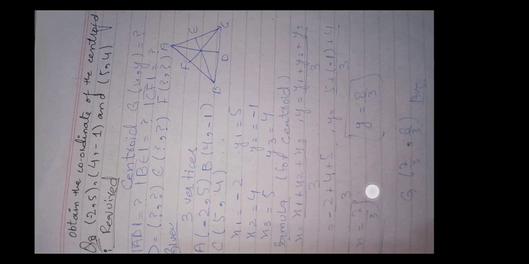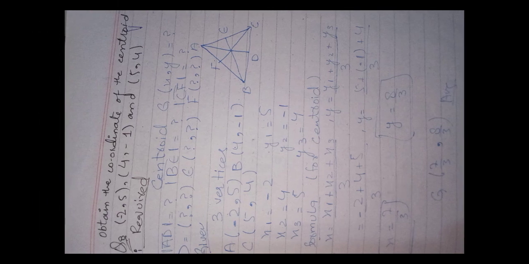We have the formula of the centroid: x1 plus x2 plus x3 divided by 3, and similarly for the y coordinates. We put in all the values and solve it. Now what we have is the required centroid: in the x-axis 7 upon 3, and in the y-axis 8 upon 3.